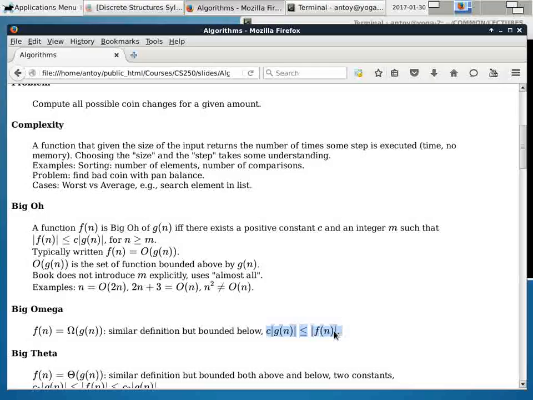Basically, you keep the relation less than or equal to, but you swap the two sides. And so, a second ago, we proved that n squared is not the big O of n. Should we try to see whether n squared is a big omega of n?